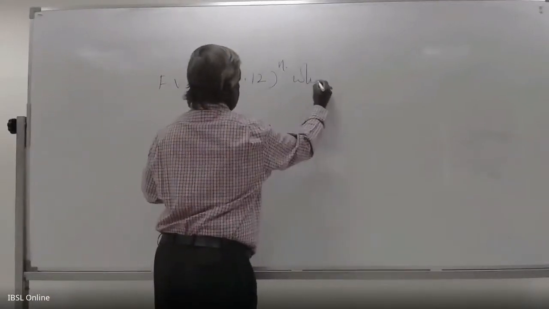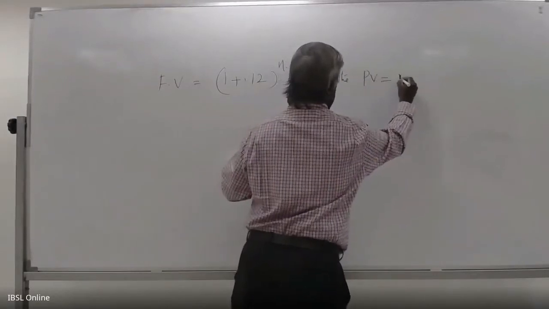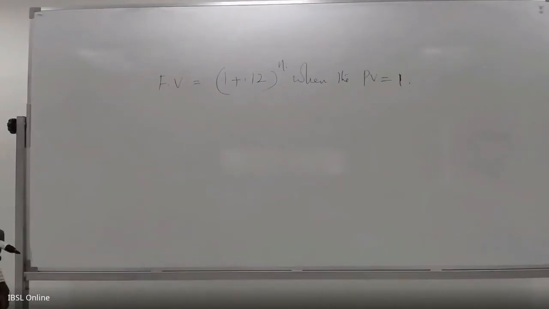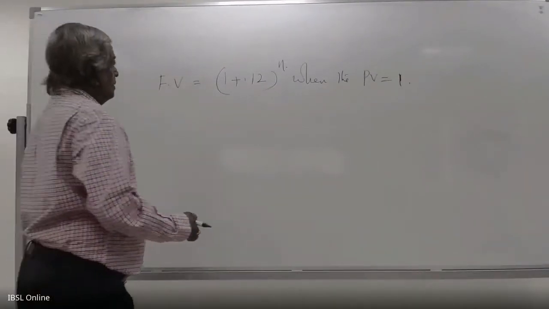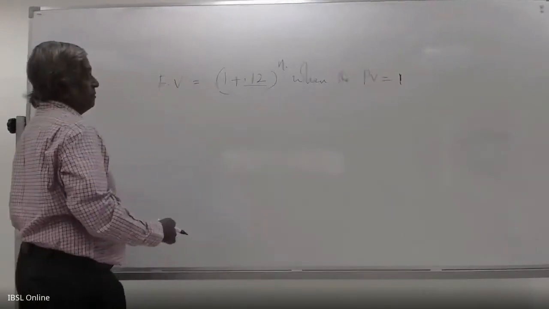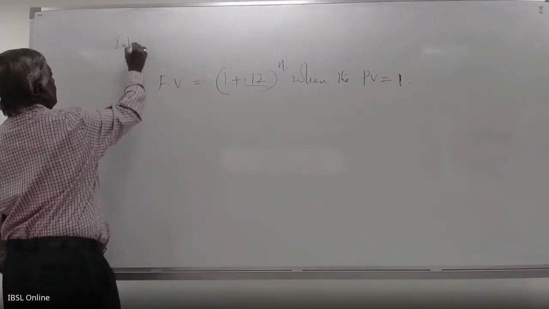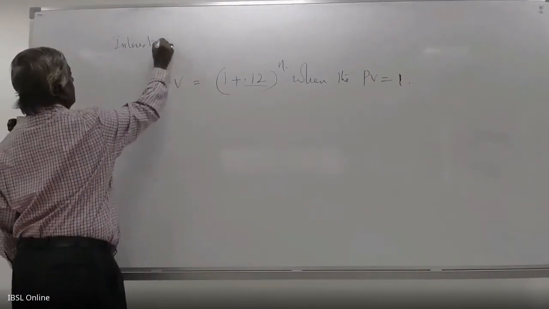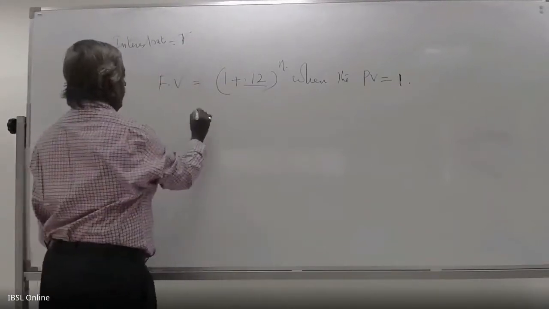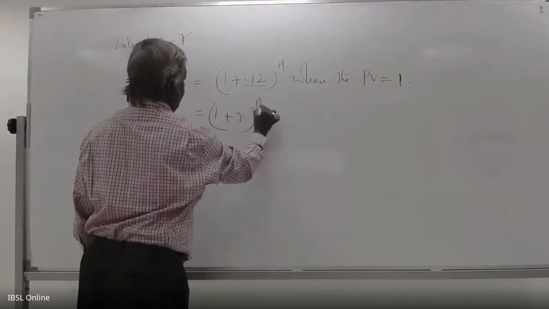So if the interest rate is R, this will be equal to 1 plus R to the power n.